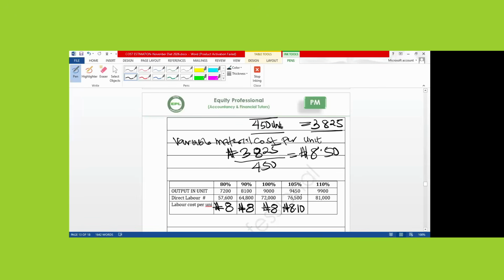Next, 8 naira 18 kobo, that is 0.18. You observe that when your production is within 100%, labor cost per unit is 8 naira constant.